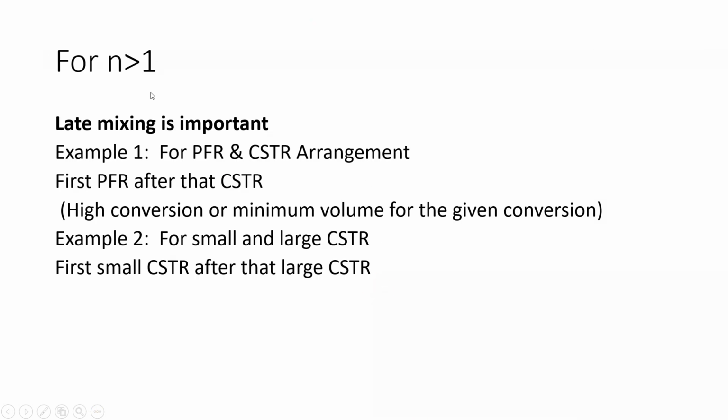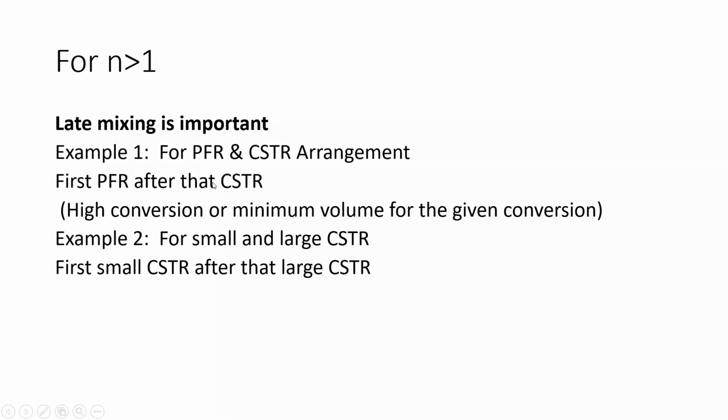These points are very important for when the reaction order n is greater than 1. Late mixing is important. Remember this. What is the meaning of this? Example 1: if we have a PFR and CSTR arrangement, we will put the PFR first, after that the CSTR. We are doing the late mixing.